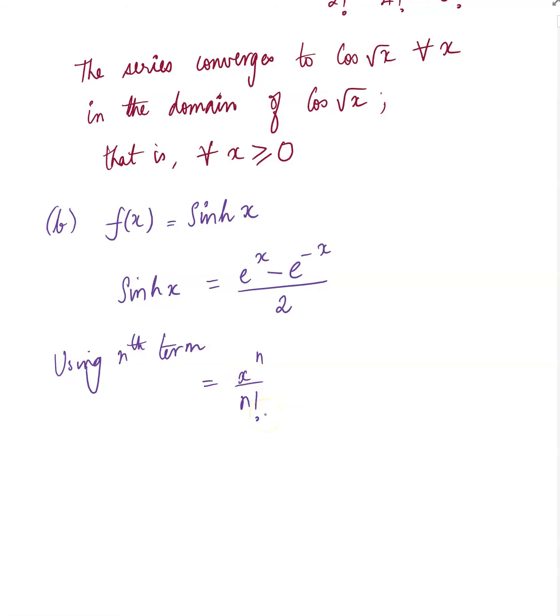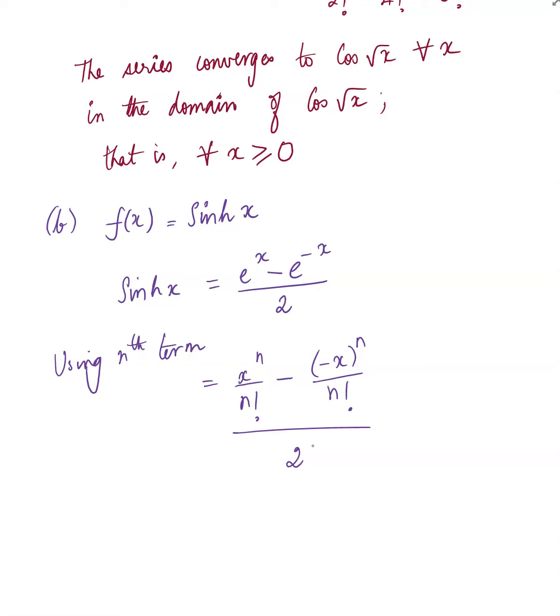I'm not using the summation, just the nth term, just for us to see. Minus negative x, because this is e power negative x, power n over n factorial, all over 2. The over 2 is really not a big deal here for us.